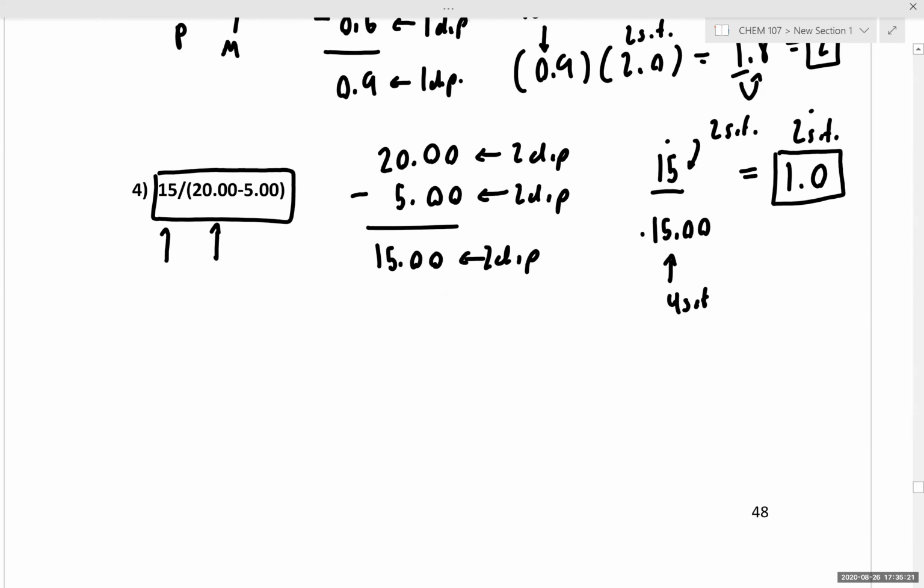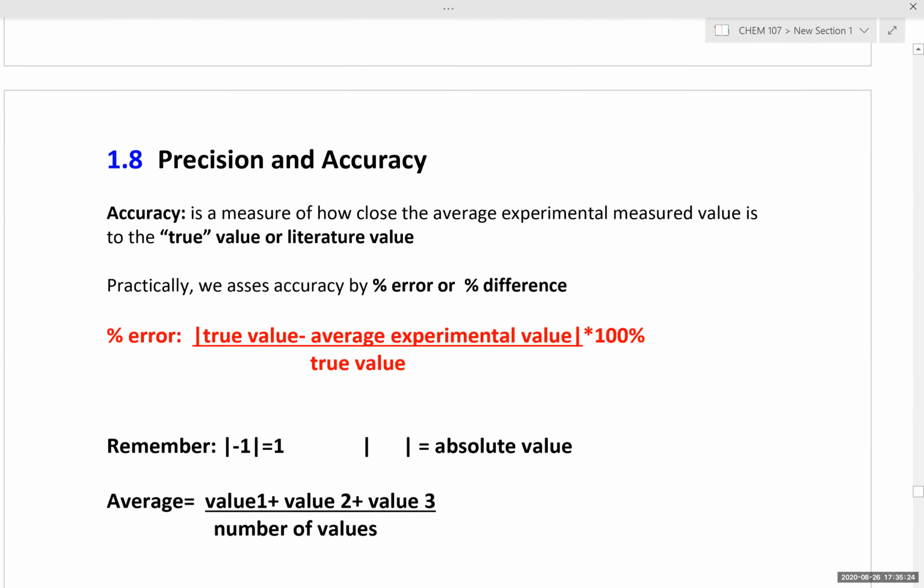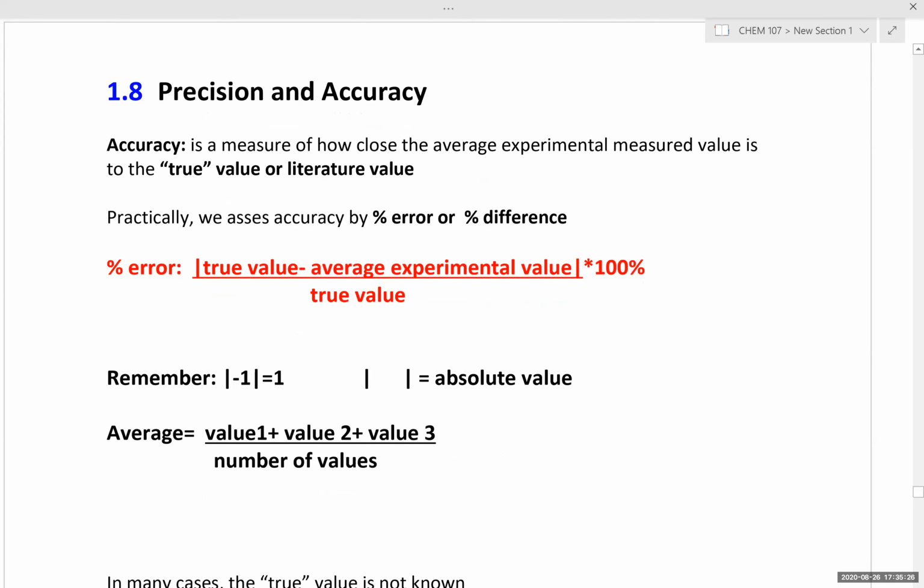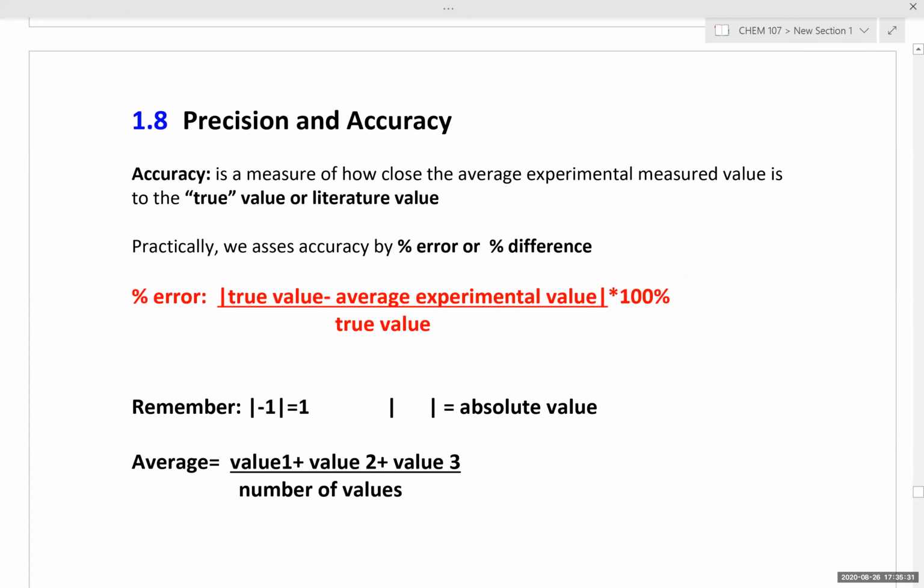So let's continue on now, and let's talk a little bit about precision and accuracy. These words have very unique connotations in chemistry, and it's important that you use these words appropriately in your laboratory discussions and when answering questions both in your lab and lecture. Accuracy is a measure of how close the average experimental value is to the true or literature value.